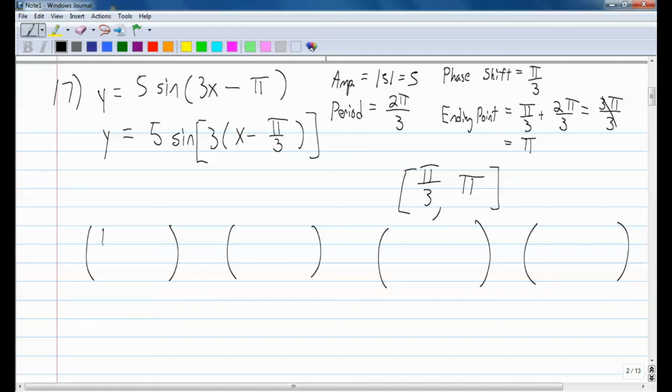Alright, we know we're going to start at pi over 3, and we're going to end at pi. Now, to figure out what I add to my first significant point to get my next significant point, you take your period and divide by 4.